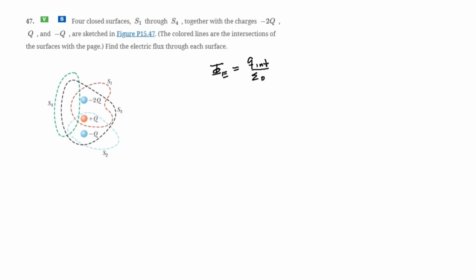Let's analyze the surface S sub 1. I will highlight, put it in red, the surface S sub 1. S sub 1 is this surface over here.